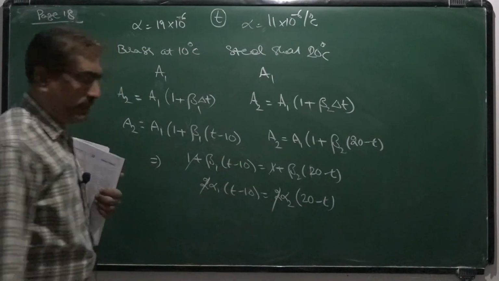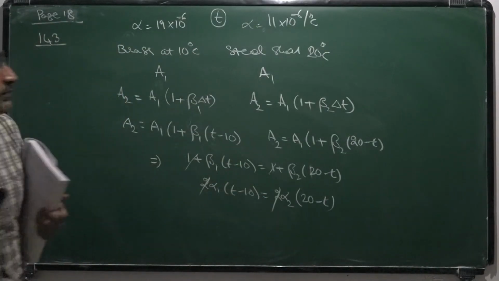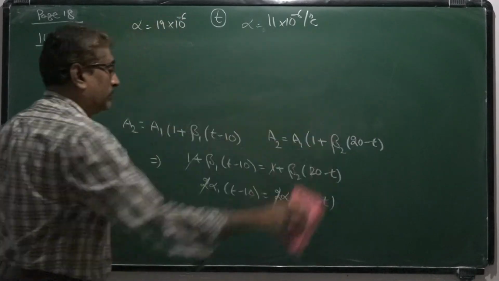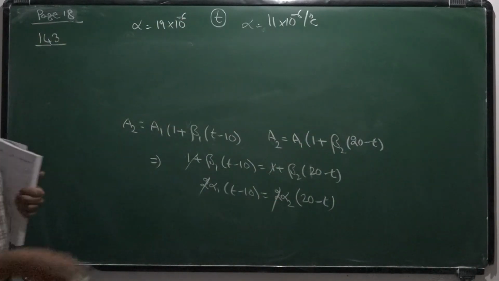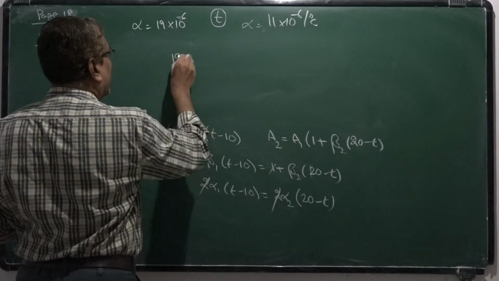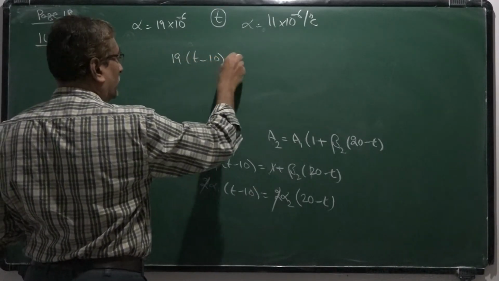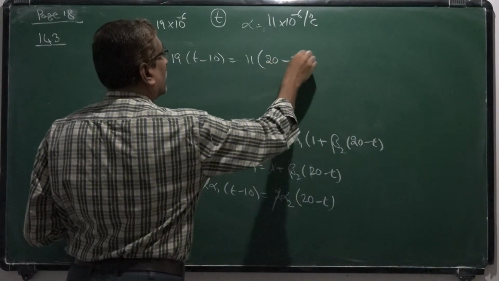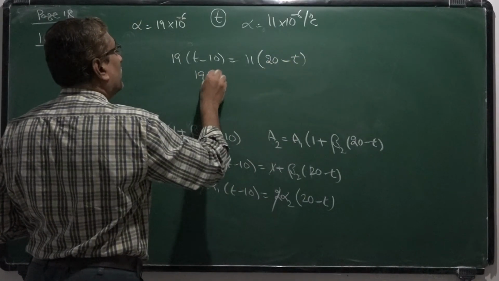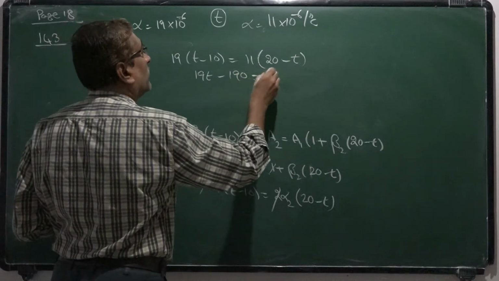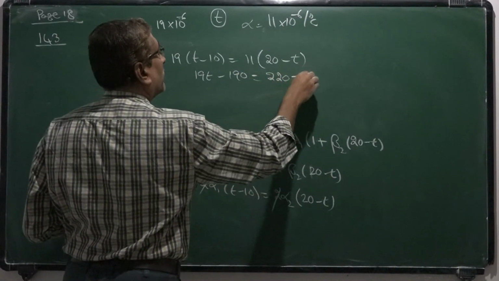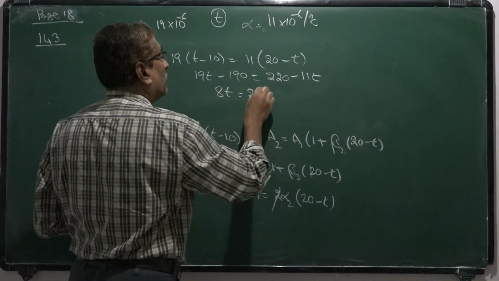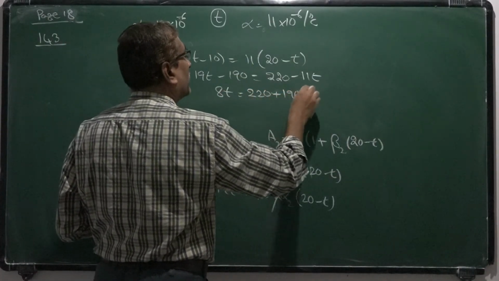So we can write 19 into (T minus 10) equal to 11 into (20 minus T). So 19T minus 190 equal to 220 minus 11T. So 8T is equal to 220 plus 190.